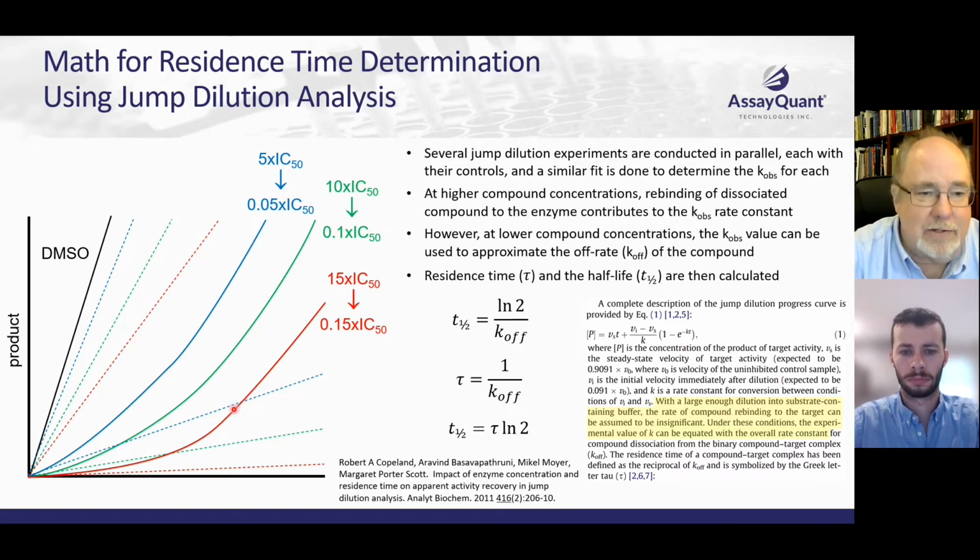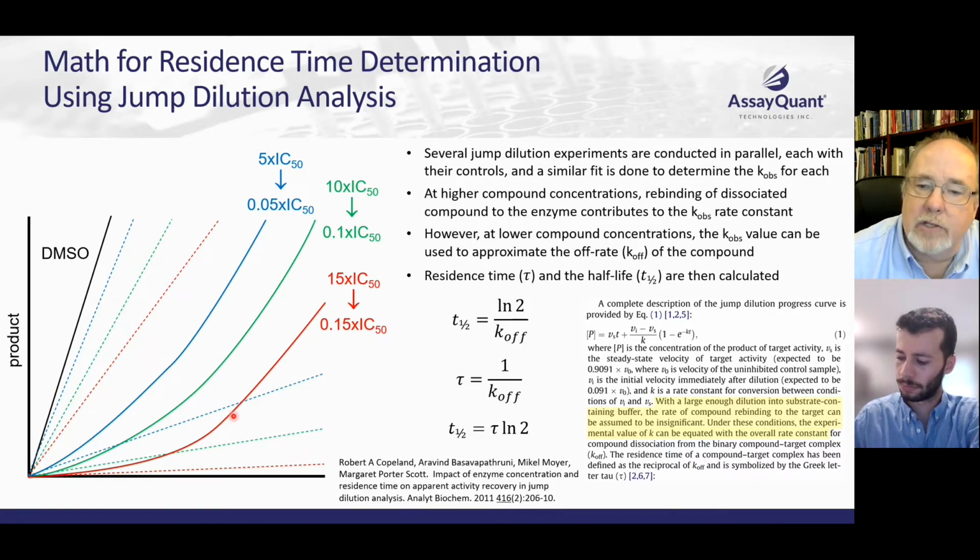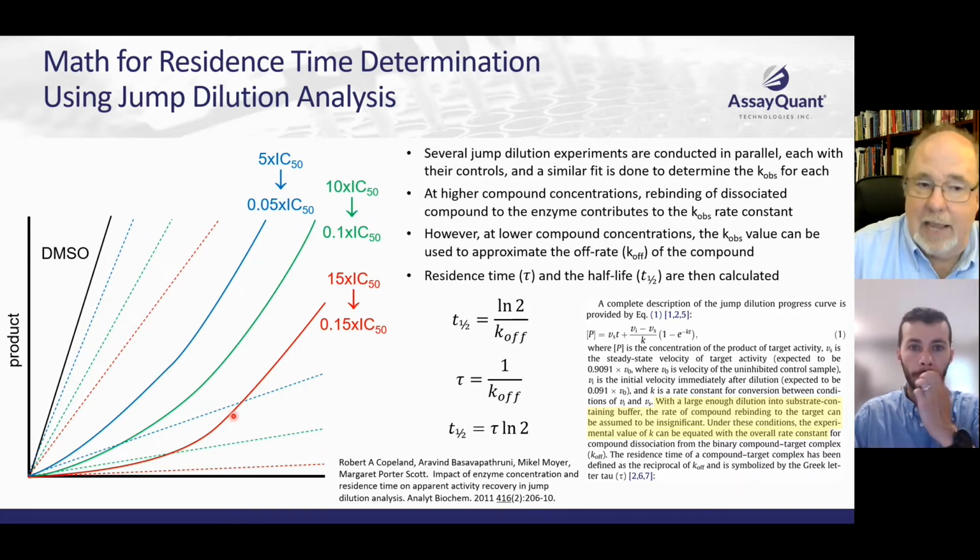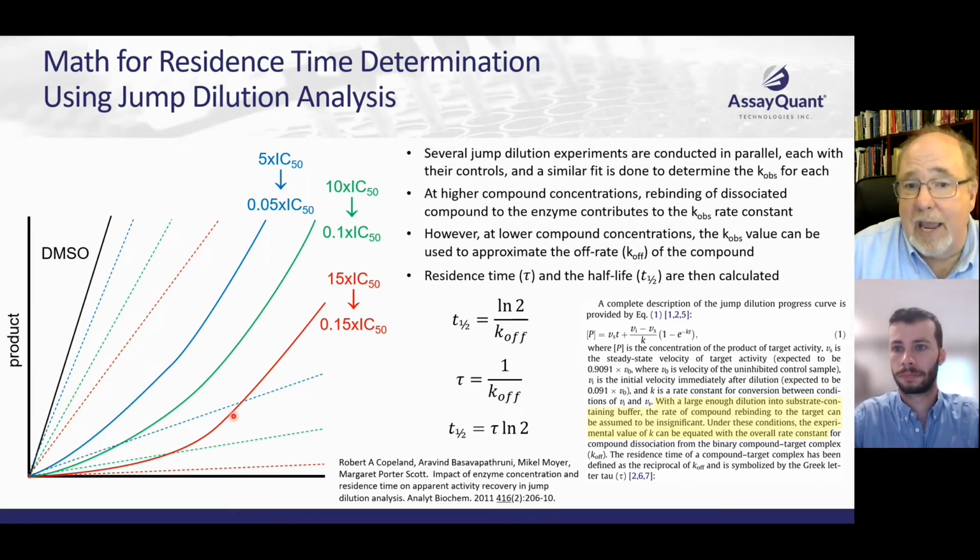But the trick is, of the rate constants that you get here from these various concentrations, you want to use the rate constant that you can determine from the smallest inhibitor concentration possible. That minimizes any contributions of rebinding of the inhibitor to the enzyme that would complicate your K observed calculation.